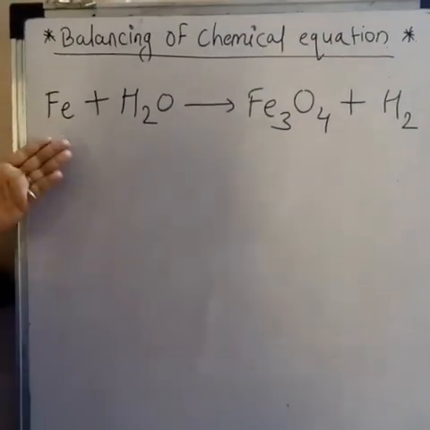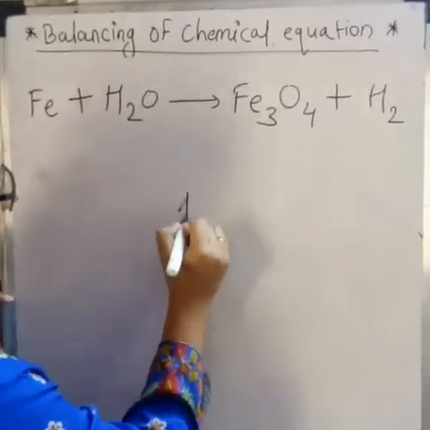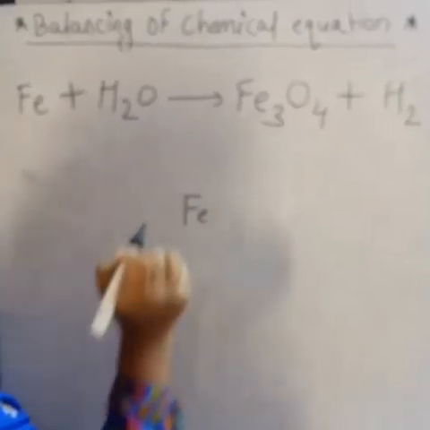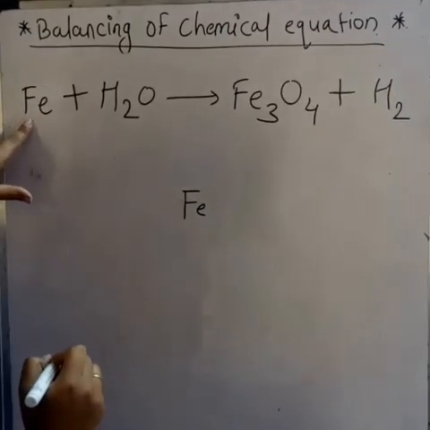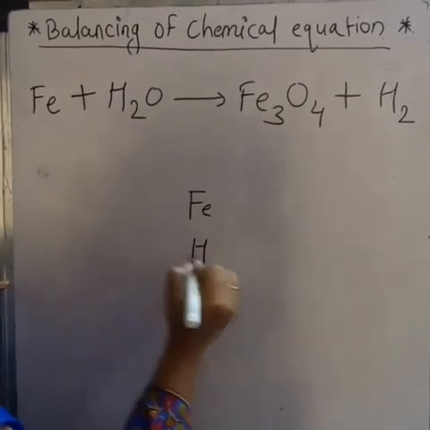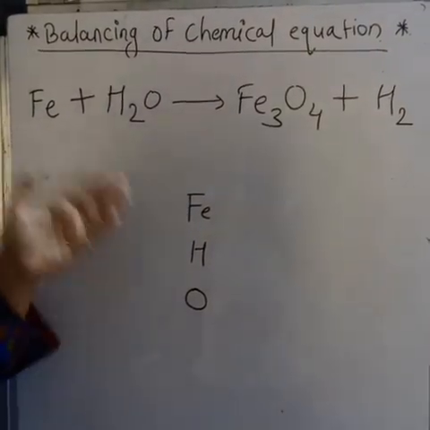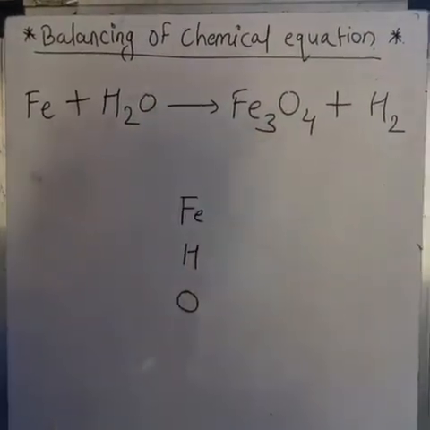Let us start balancing. First step, we'll list out all the elements present in the equation. The first element we can see is iron, after that hydrogen and oxygen. You can see the same 3 elements are there in the product side also.